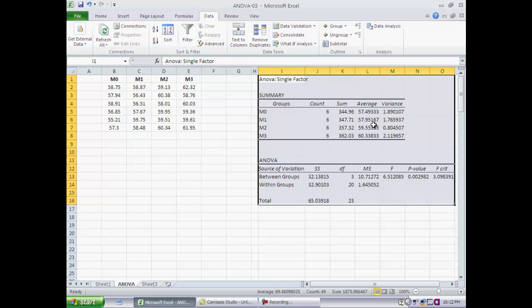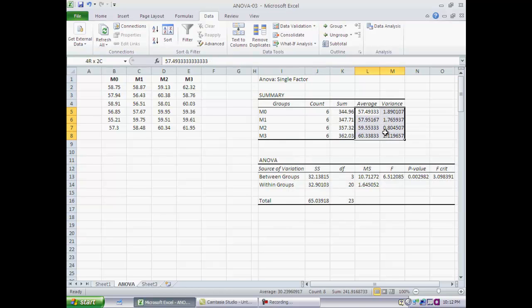Let me quickly point out what these sets of numbers mean; I think you can easily guess. The averages for the four samples are 57.49, 57.95, 59.55, 60.33. These are the sample means, and the 1.89 through 2.11 are the sample variances.